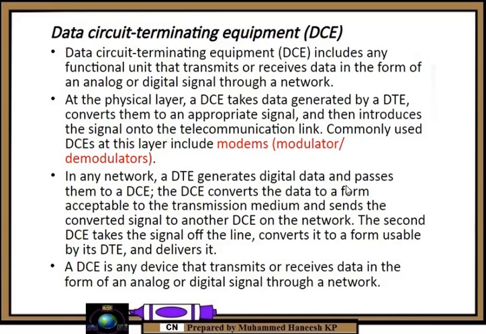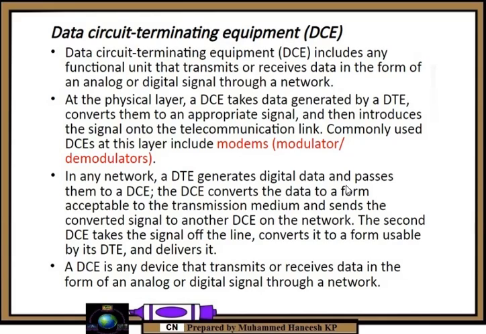DTE produces the data and passes it with the required control characters to a DCE. On the other hand, DCE converts the signal to a format appropriate to the transmission medium and introduces it onto the network line. The next point is that coordination is mandatory in DCE so as to communicate, whereas it is not the case in DTE.